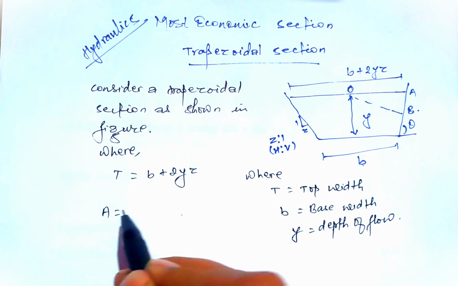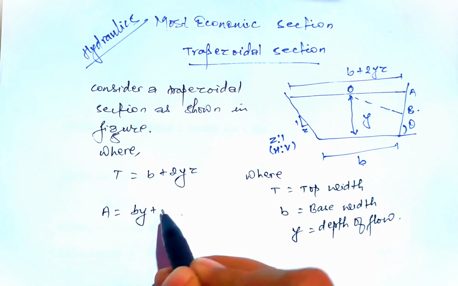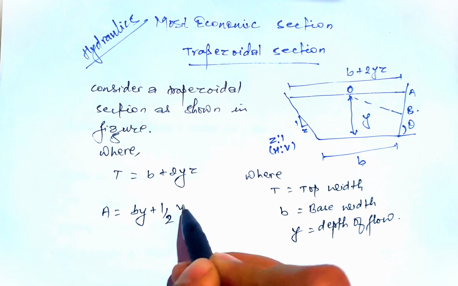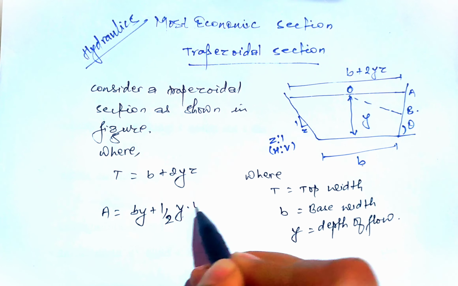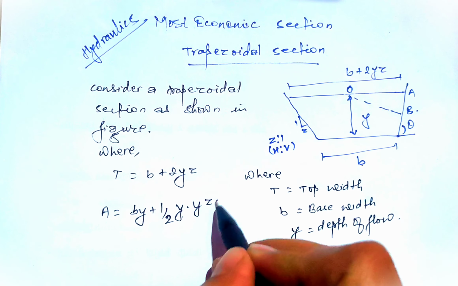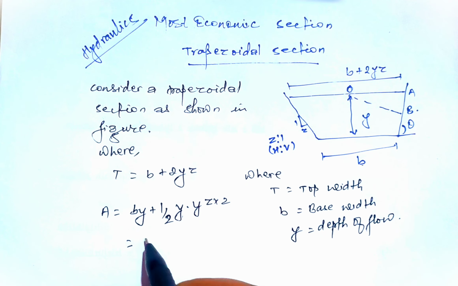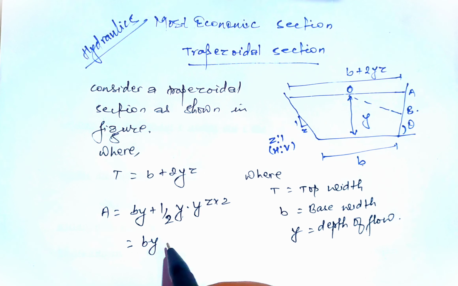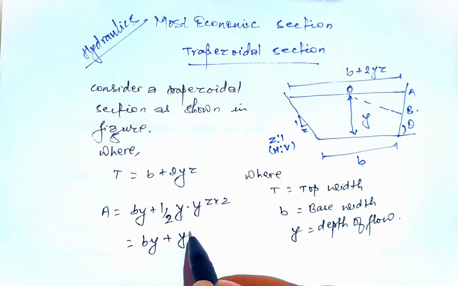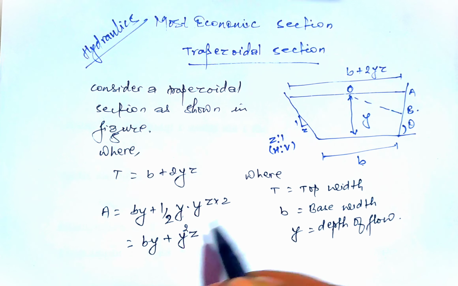And area A can be given as by plus half of y times yz times 2, on simplifying this, by plus yz y whole square.